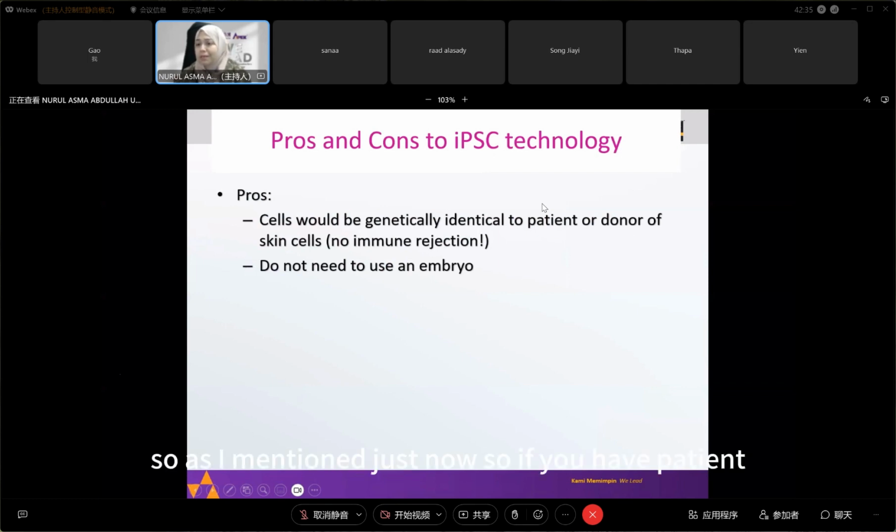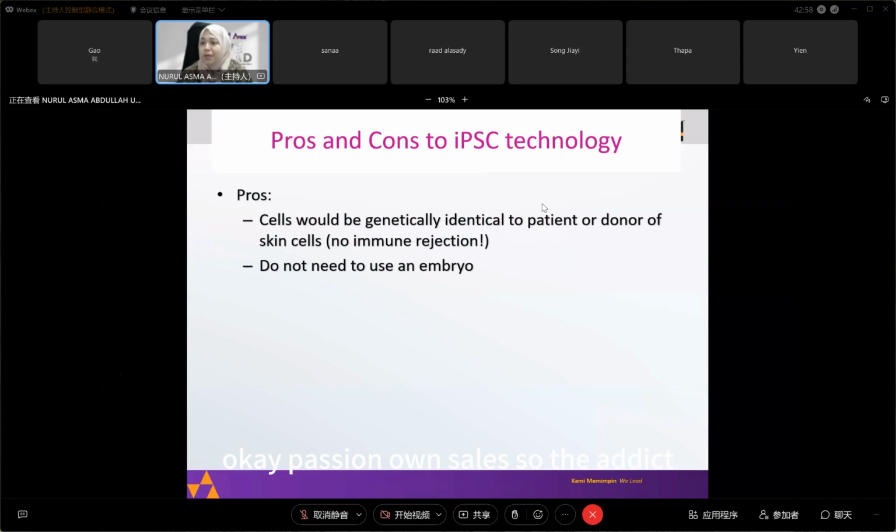As I mentioned just now, if you have a patient and the cells you isolated directly from the patient, and you do the induction, you can avoid immune rejection because you are transferring the patient's own cells.